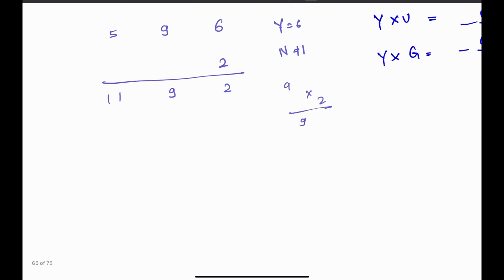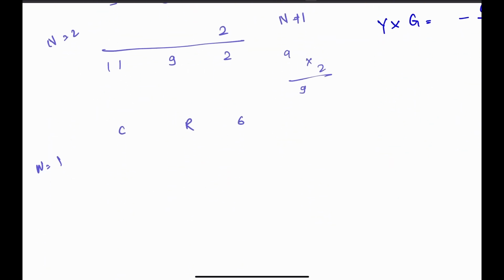Let's take more examples. C r 6, then 1 is not possible when n is equal to 2, when n equal to 4. Let's take multiple possibilities. Let's see. 6 times 4 is 24, carry 2. So carry 2, what should be the r such that r into 4 plus 2 equal to r? We have to find out this kind of value.